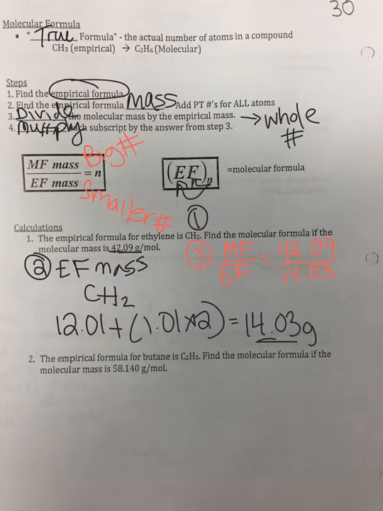Once you've got it, you can say it out loud. What's the number that you got right here? You got 3, right? You got a whole number. That's what you want, all right?